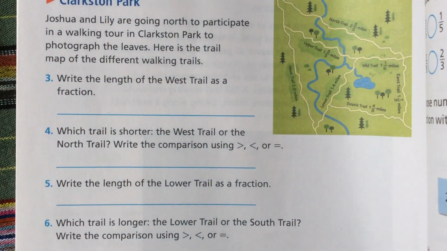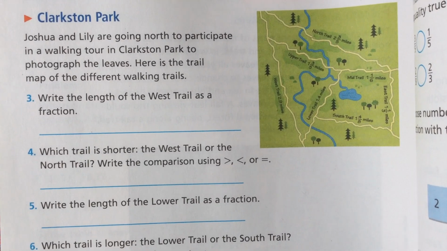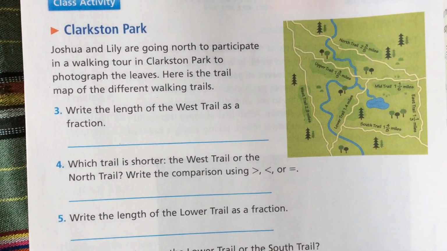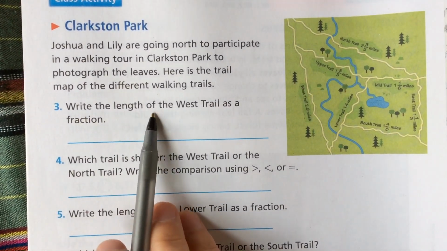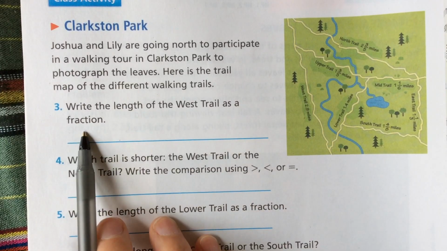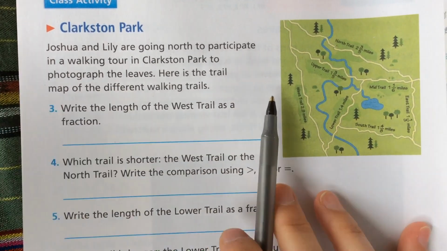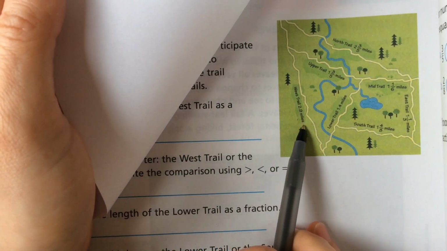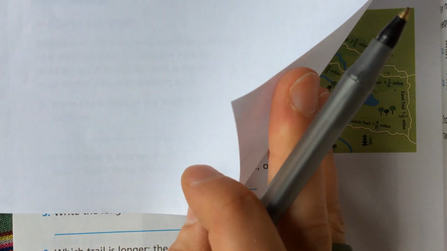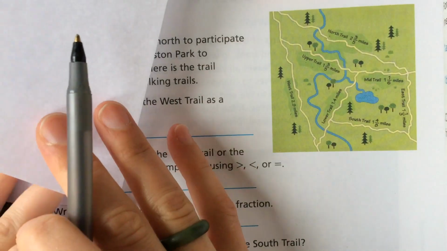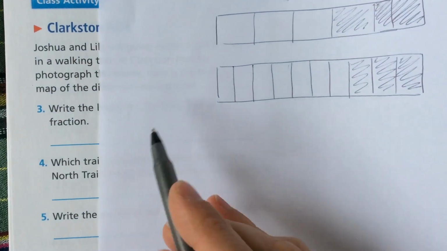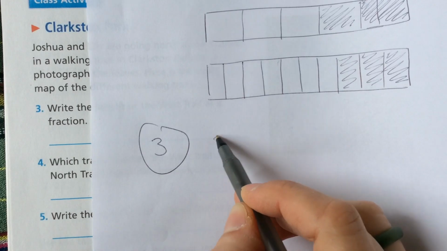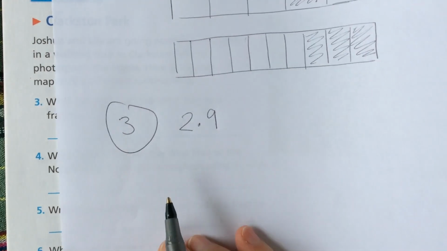There's the North Trail, 2 3/5 miles, the Upper Trail, 1 1/3 miles, the West Trail, 2.9 miles. So some of them are in decimals like this, the Lower Trail, 1.4 miles, but some are in fractions like this. So here, the first question is, little video issue here. Maybe I can stick this more out. Aha. There we go. Write the length of the west trail as a fraction. So you're going to want to come over and find the west trail, which is 2.9 miles. And west trail, and let's write that here, number 3, 2.9 miles.